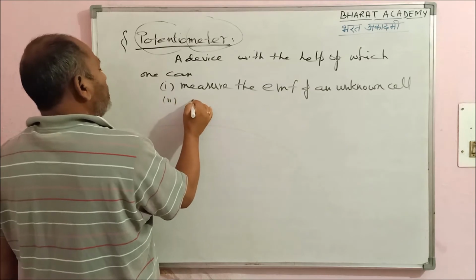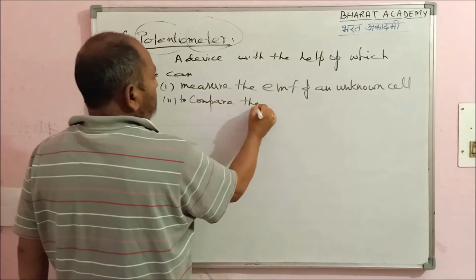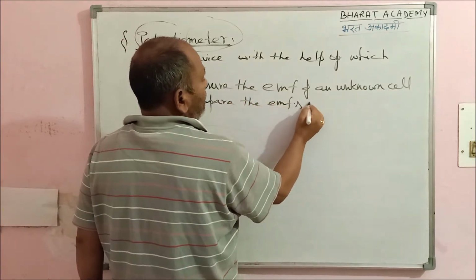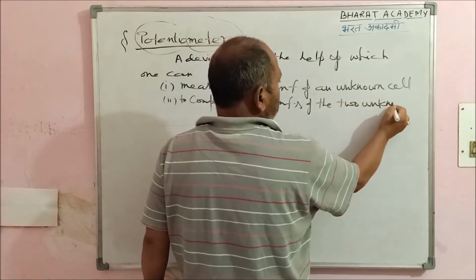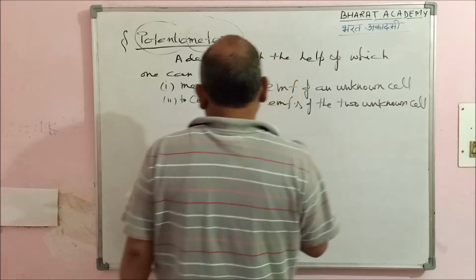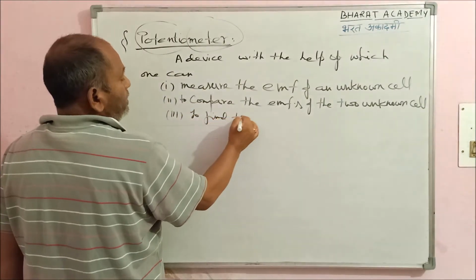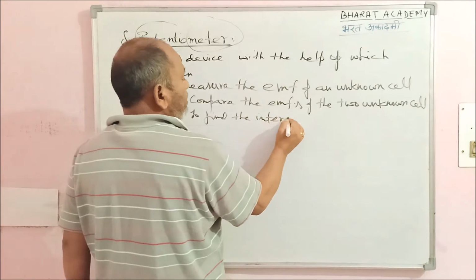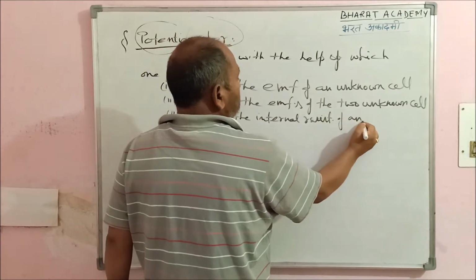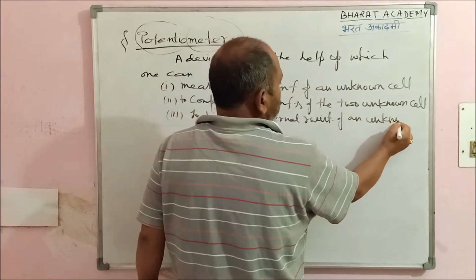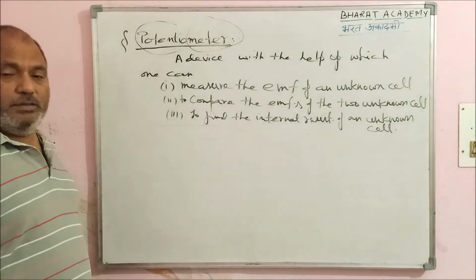Second, compare, I could say, the EMFs of the cells. And third one is to find the internal resistance of an unknown cell. These three practicals are there based on this device, potentiometer, right?